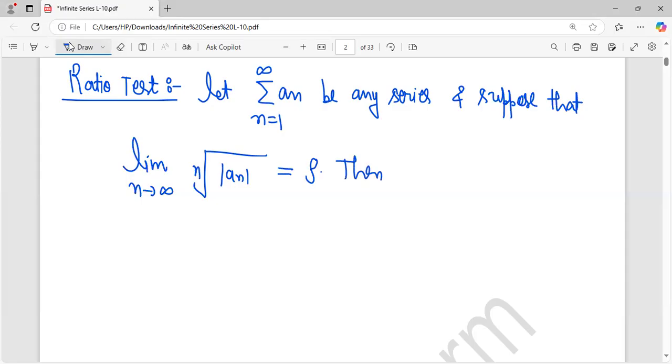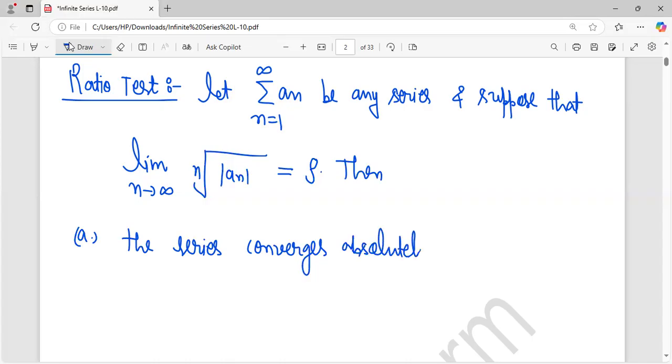Then, first, (a) the series converges absolutely if rho is less than 1.